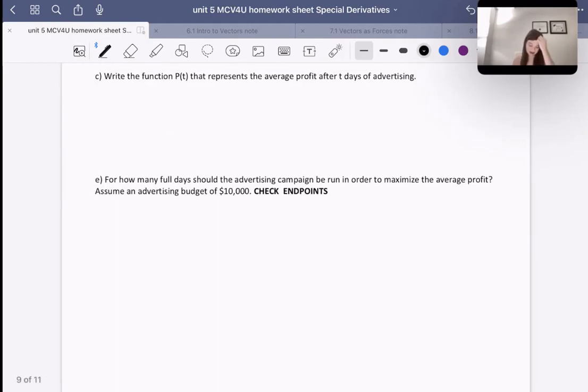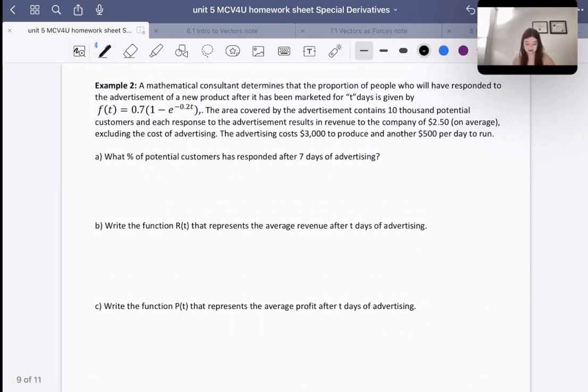And then, lastly, E, which actually looks like it should be D: for how many full days should the advertising campaign be run in order to maximize average profit? Assume an advertising budget of $10,000. So, therefore, we can't spend more than $10,000. So, that's important. Okay, so let's do it.